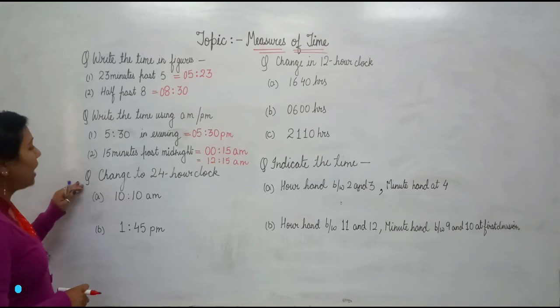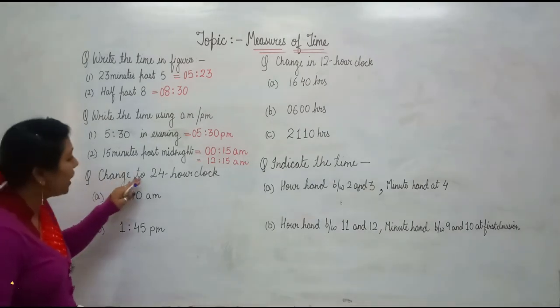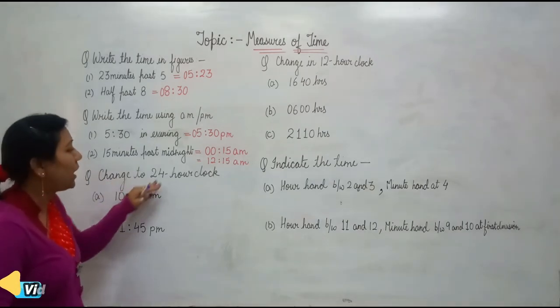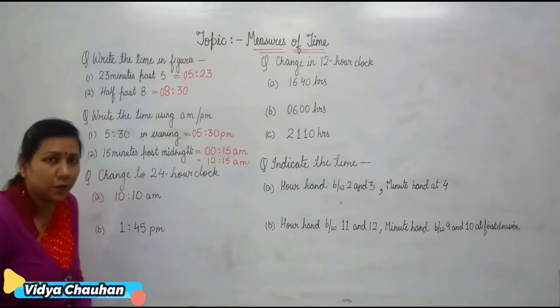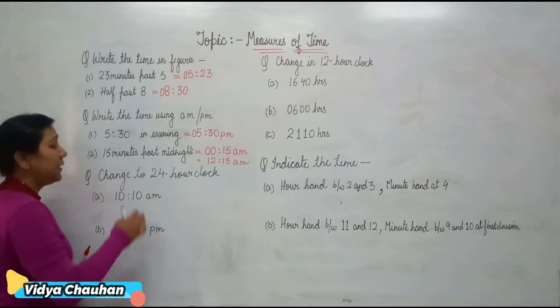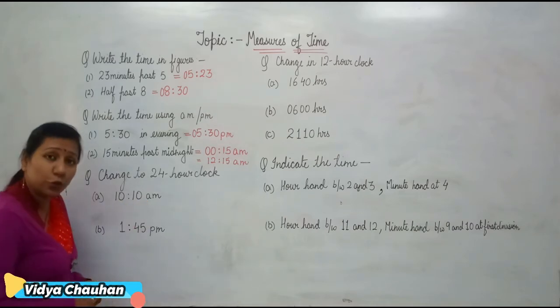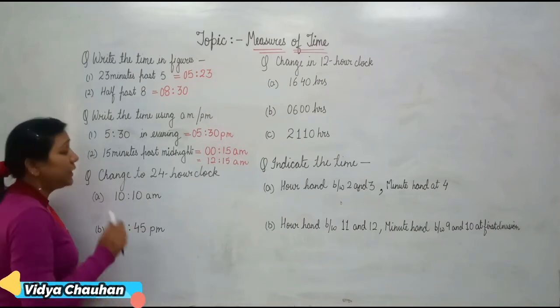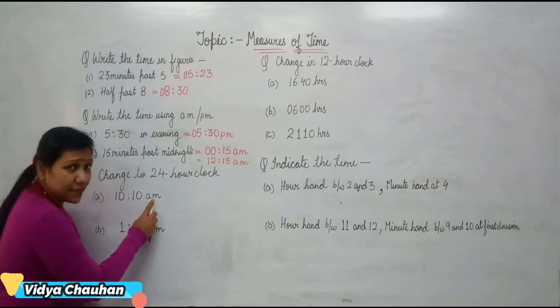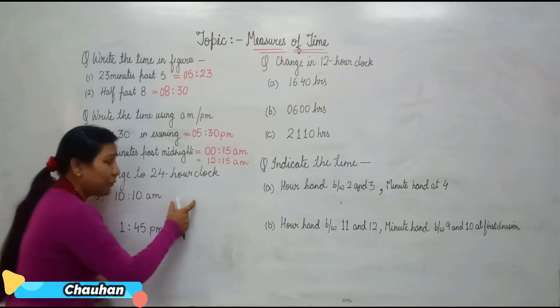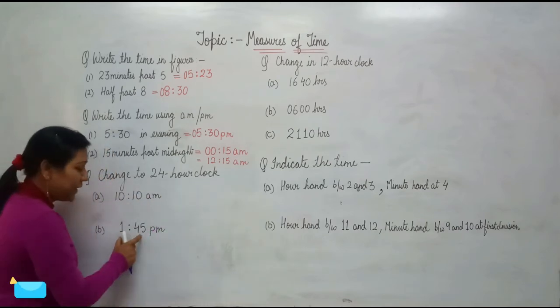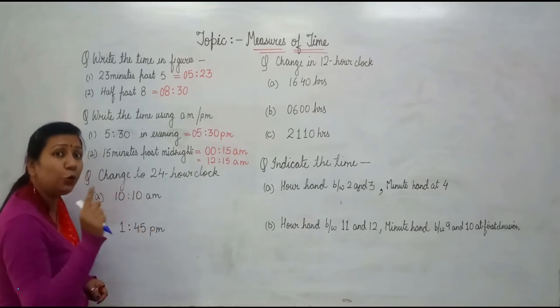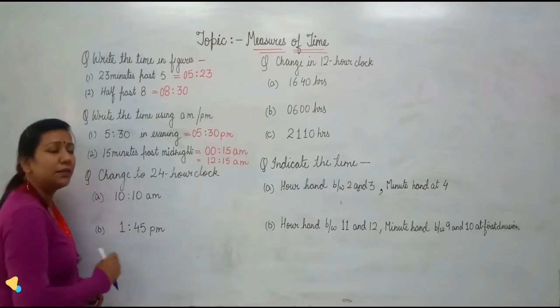Okay students? After this, the third question, in which you have to change the 12-hour clock to 24-hour clock. If the time is AM, then you directly write the value in hours. If it is PM, then you have to add 1200 hours to the given time.